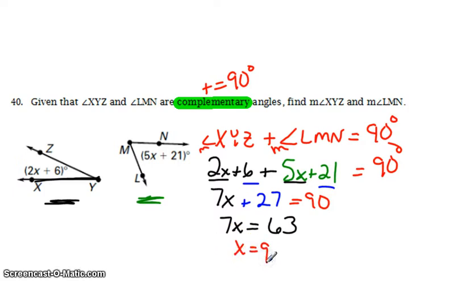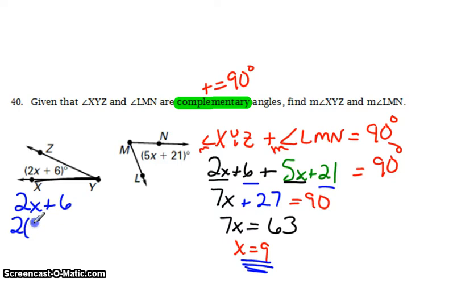But remember, that's not my answer, because they want me to find the measure of each angle. I needed this, but that's not my final answer. So now I'm going to plug it into the angles. Well, this angle was 2x plus 6, so I'm plugging in 9 for x. So 2 times 9 is 18 plus 6, and 18 plus 6 is 24. So this angle should be 24 degrees.